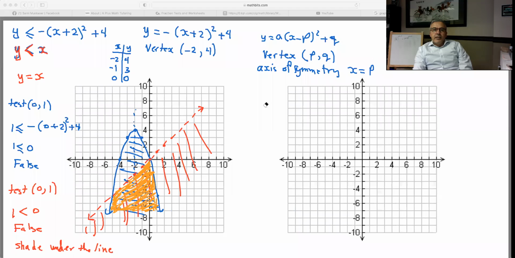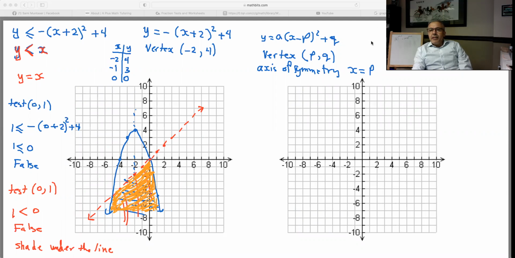I'm just going to erase some of the shading that doesn't work. So there we go, there's your shading right there.